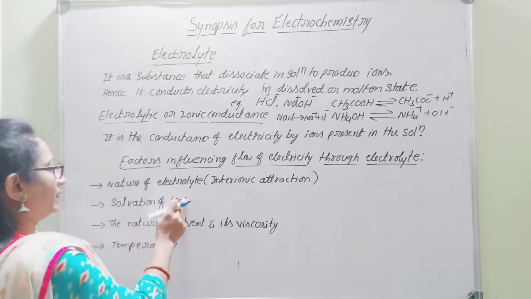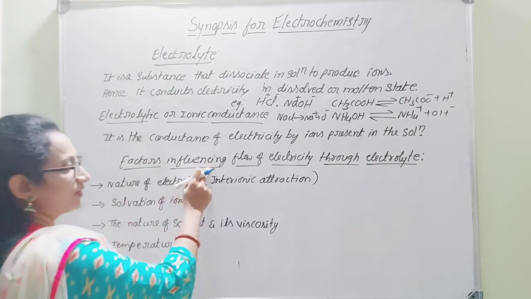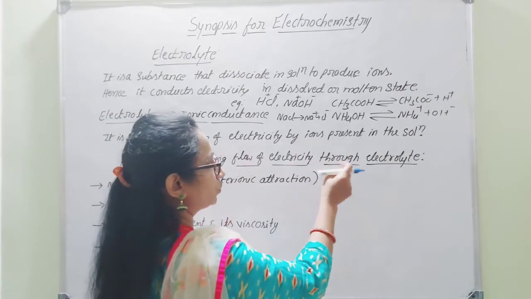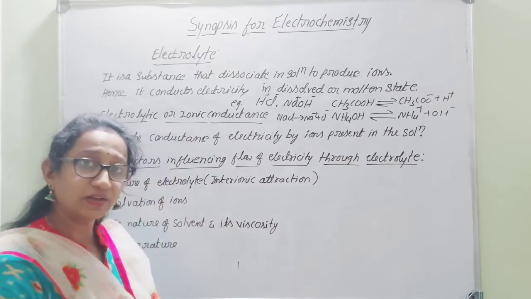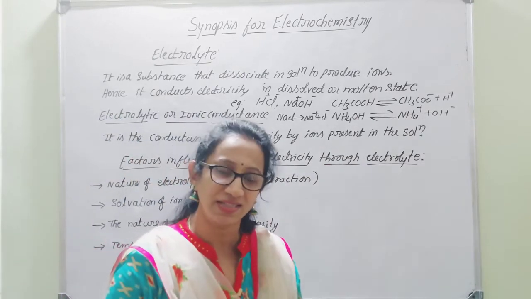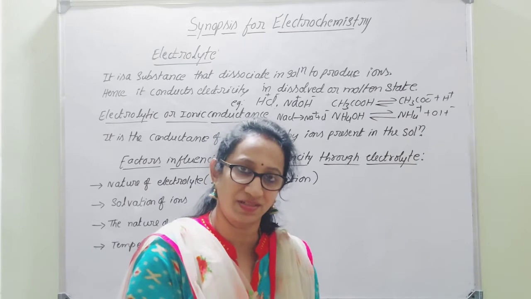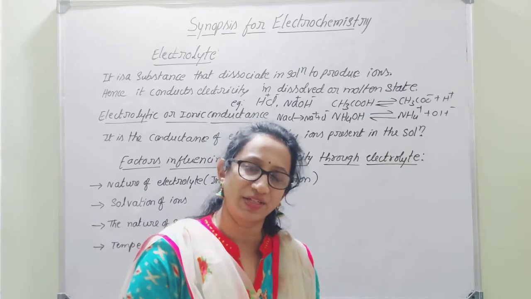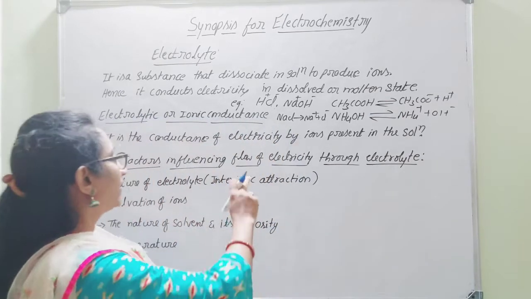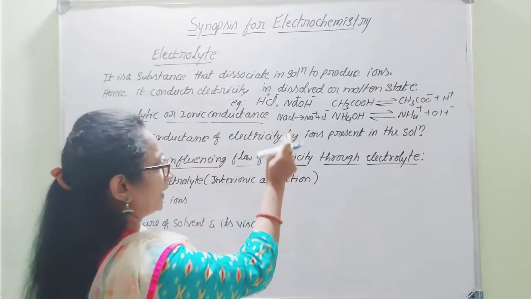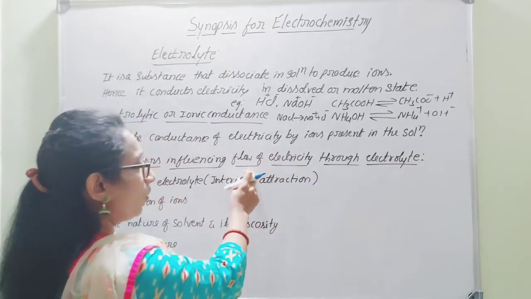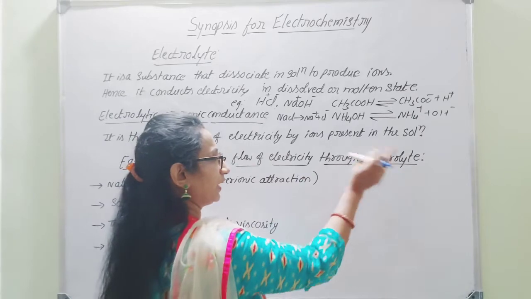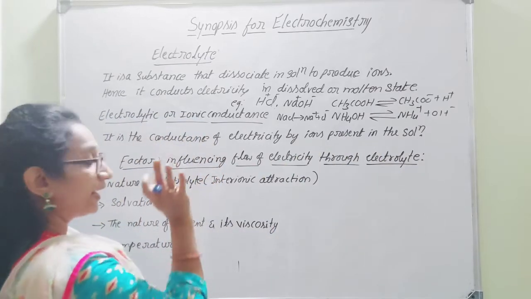Now, which are the factors influencing the flow of electricity through the electrolytic solution, which is causing conductance of the electricity? The flow of electricity through an electrolyte is due to interactions.